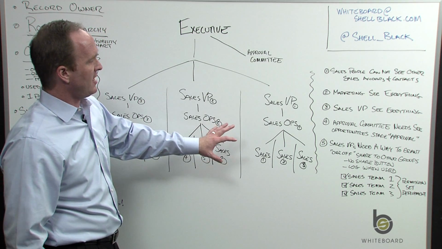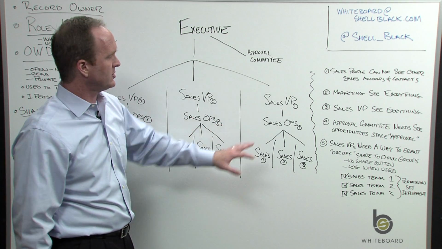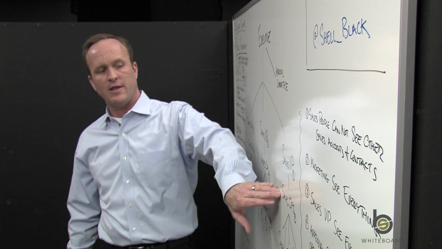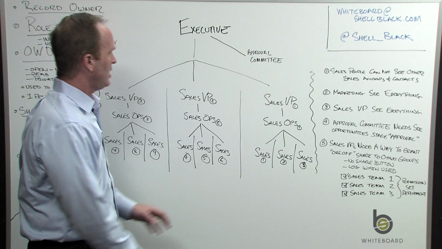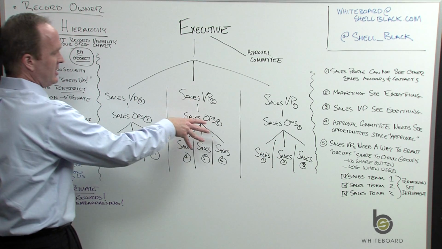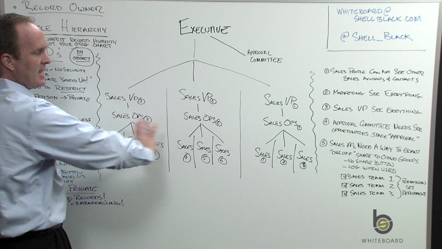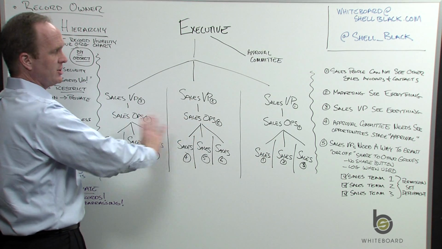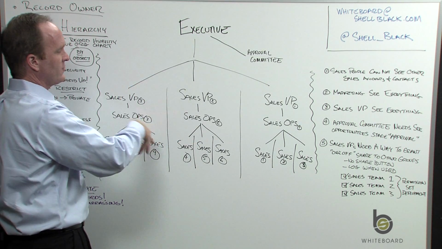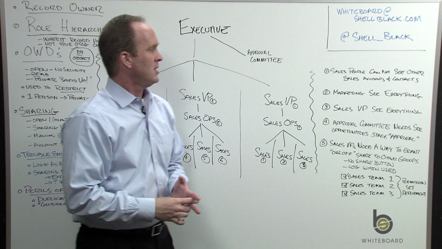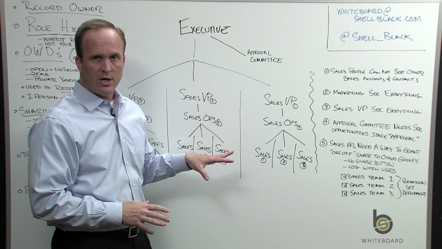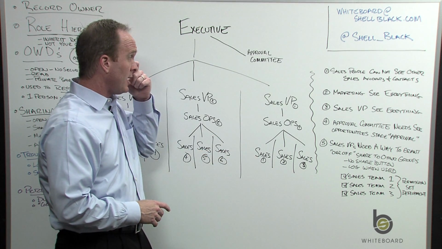And you notice that I have three groups of salespeople. So I have a sales VP, they have their own sales operations group, and three salespeople below. So there's sales team 1, sales team 2, sales team 3, exact same structure, just three groups. So you could think this is West Coast, Central, East Coast, however you want to look at it. So that sets the stage on who our users are and how the role hierarchy is set up.